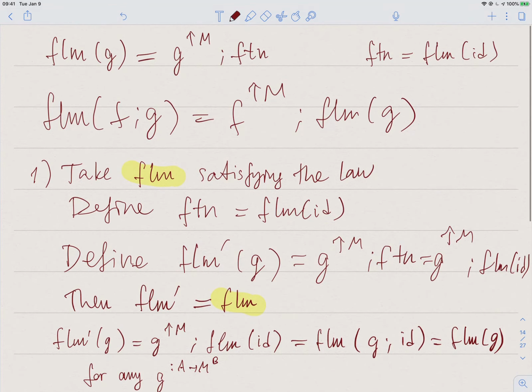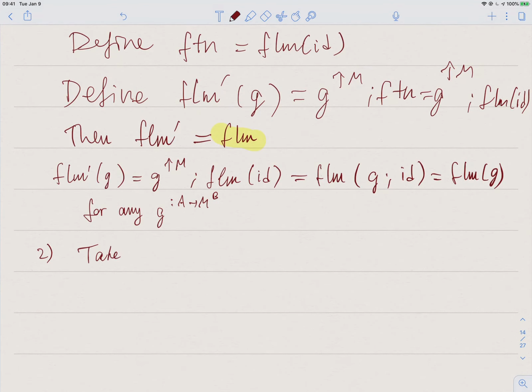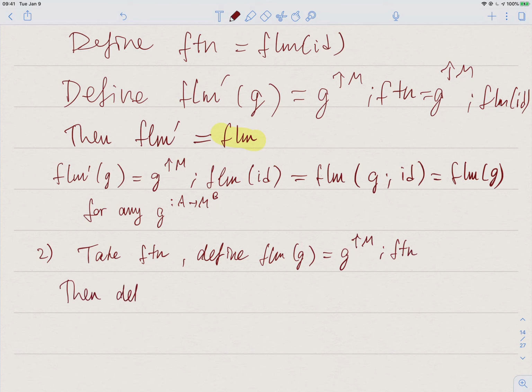And secondly, we have to show that if we start with some flatten, define flatMap out of it in the same way as before, then define a new flatten prime out of this flatMap that we just defined, then we need to show that the new flatten is equal to the old one.